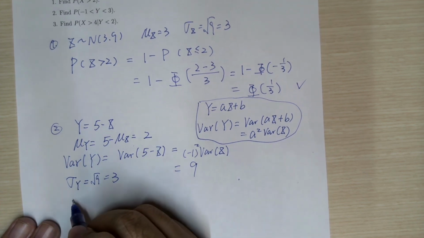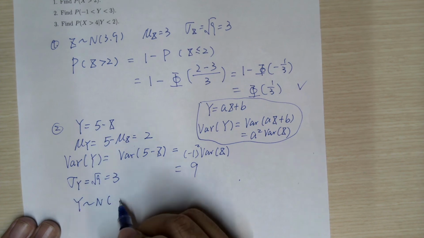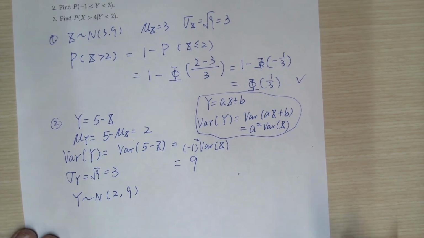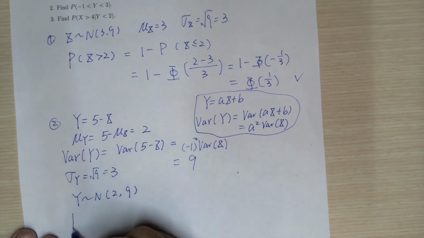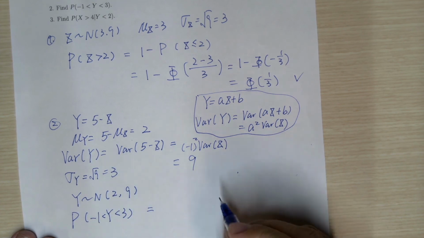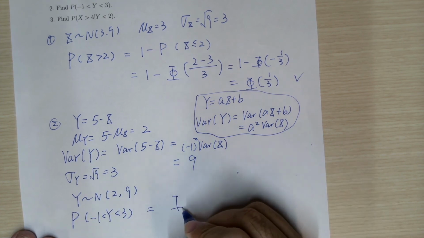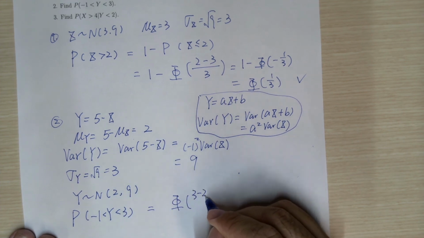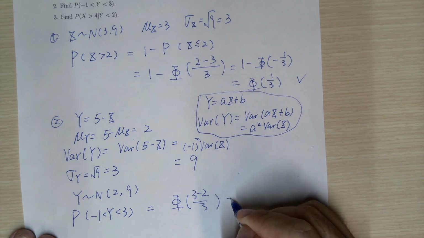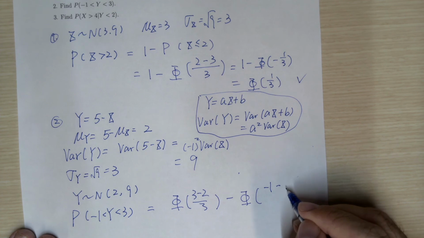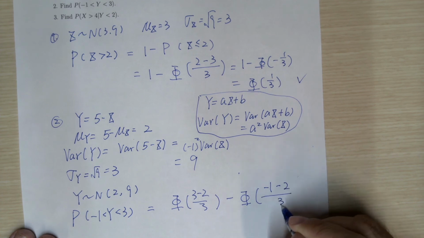So in other words, Y follows the normal distribution with mean 2 and variance 9. Okay, so if we're looking for P(Y greater than negative 1 and less than 3), easily we can just use phi: (3 minus 2) over 3, minus (negative 1 minus 2) over 3.